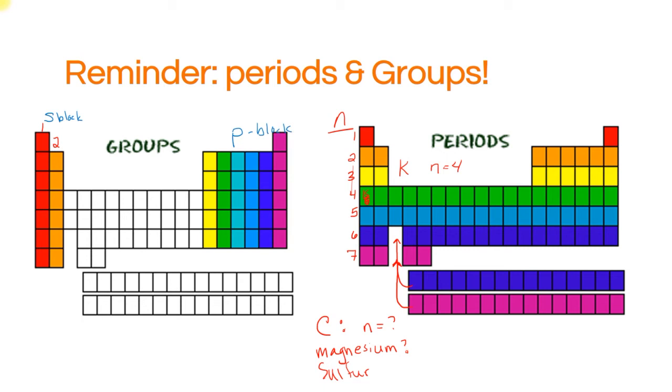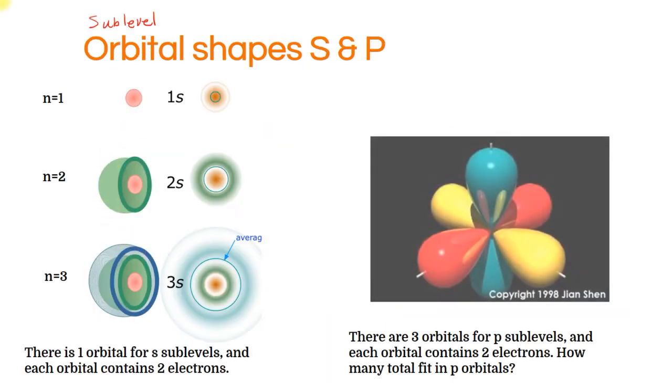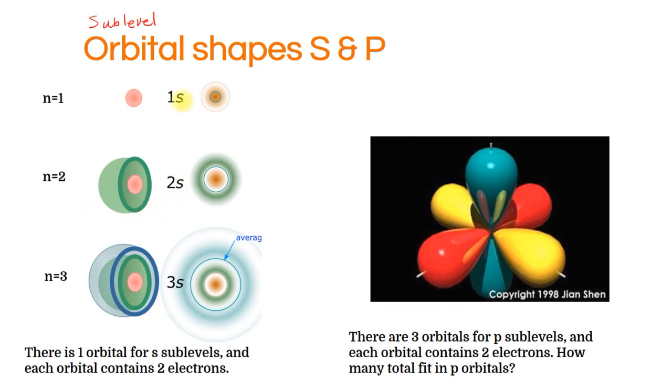Okay, so the groups give you an indication of the sublevel and the periods give you an indication of the energy level, the highest energy level. So the S block, again, that's in groups 1 and 2, is just a series of spheres. So you start off with the lowest energy one, which is the one closest to the nucleus. Okay, and then if you go down a period, you have energy level equals 2.